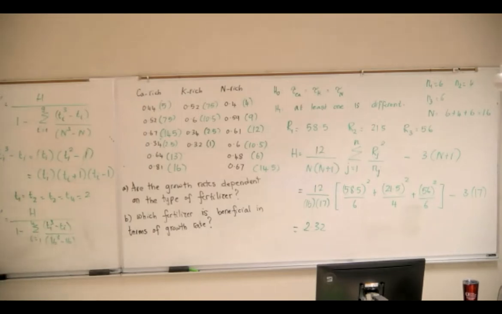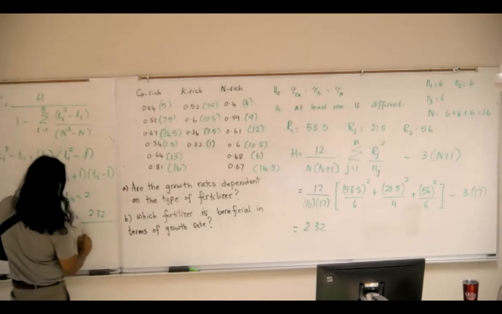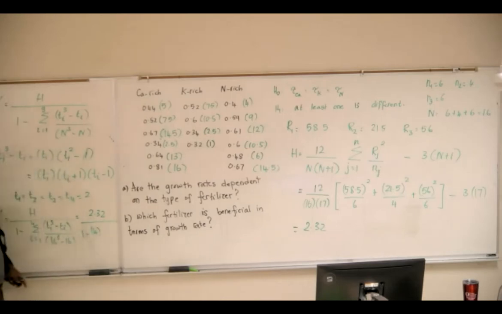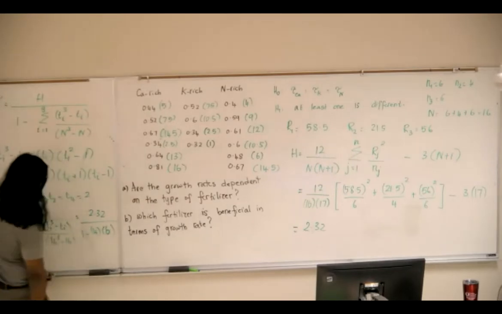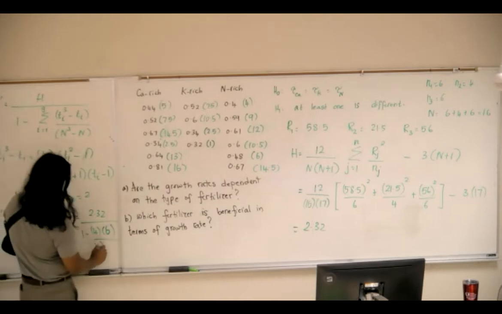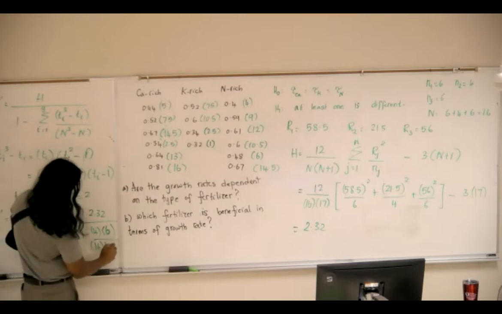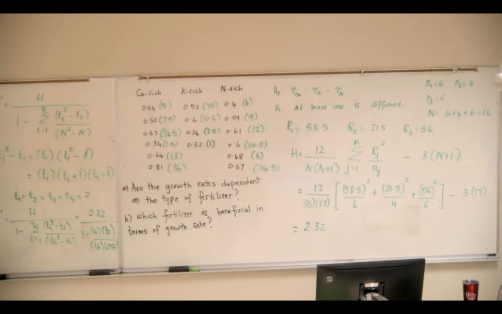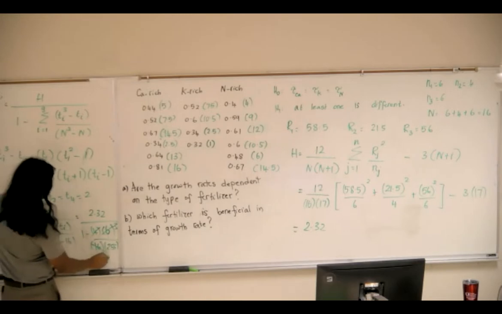They're all the same, so we would have 2.32 over 1 minus 4, 2 cubed minus 2. Do a little bit of magic. 4, 3, 2.